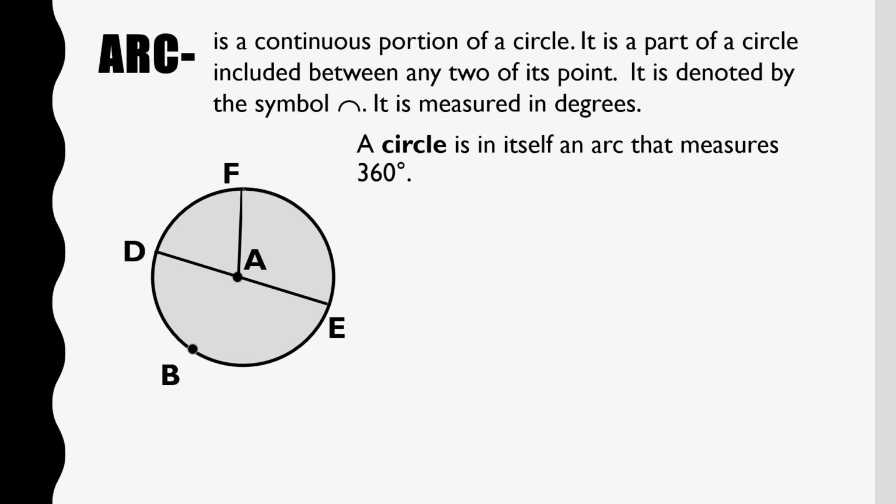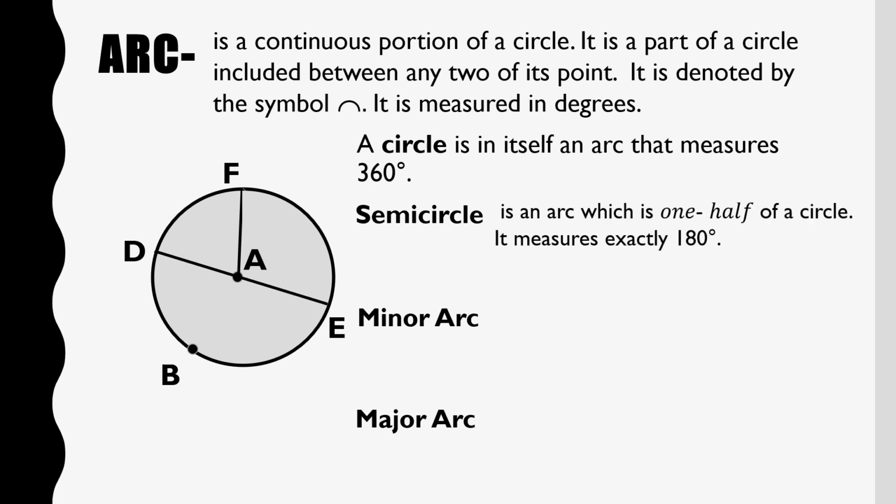Arcs can be classified as semicircle, minor arc, and major arc. A semicircle is an arc which is one half of a circle. It measures exactly 180 degrees. A semicircle is named using 3 points.